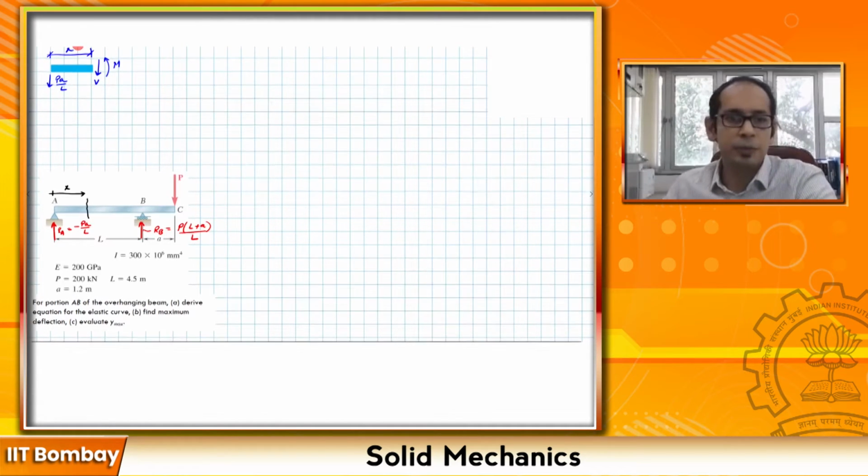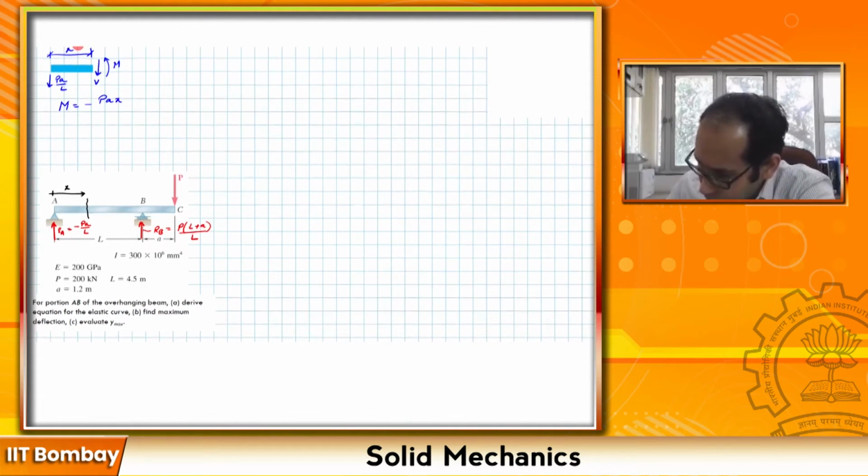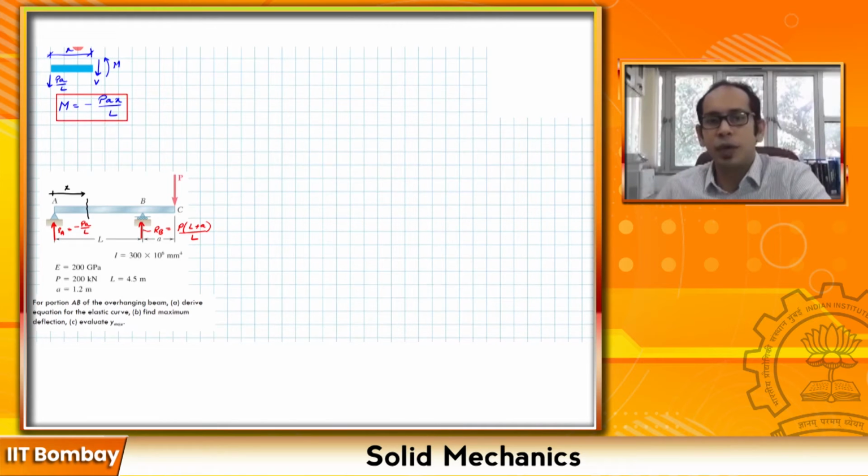So this is the free body diagram of the beam. So I'm going to write the expression for the moment now. So now that I have an expression for the moment, I know my basic relationship, that is EI d square y by dx square equals M of x. So I'm going to plug that in over here, integrate it twice, first to find the expression for the slope and then the expression for the deflection.